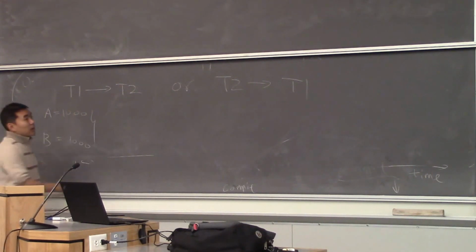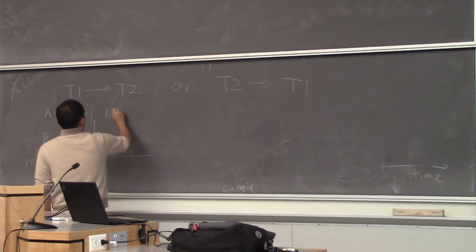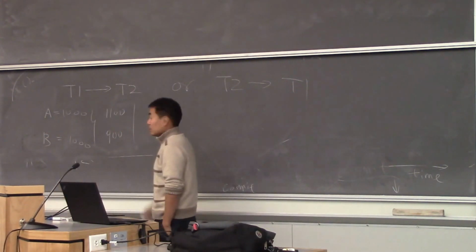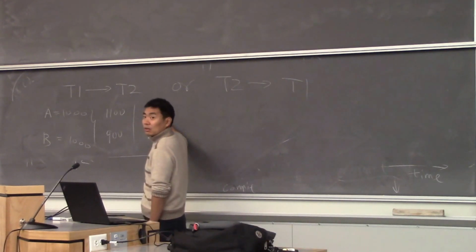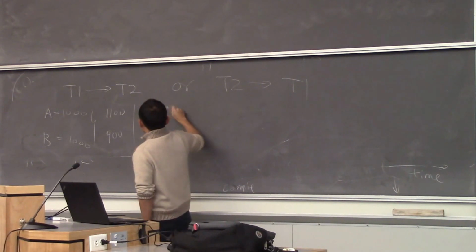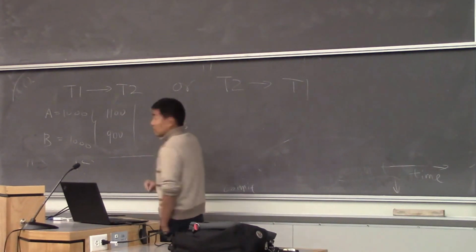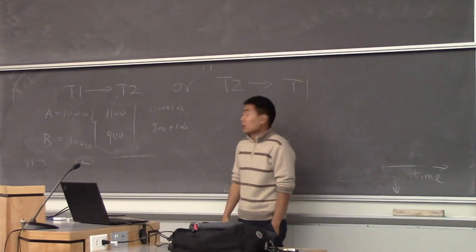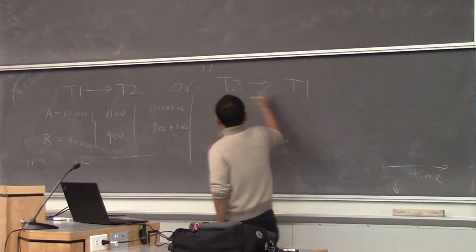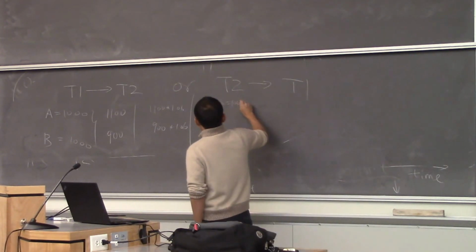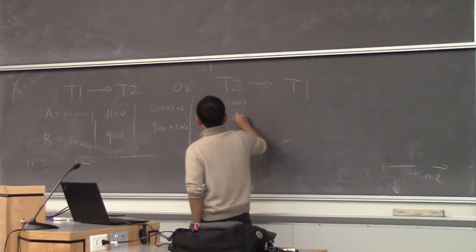After T1, this becomes what? After T2, what happens? Well, times 1.06 to both of them. Is that right? Yes or no? What about this? Well, initially it's like that.